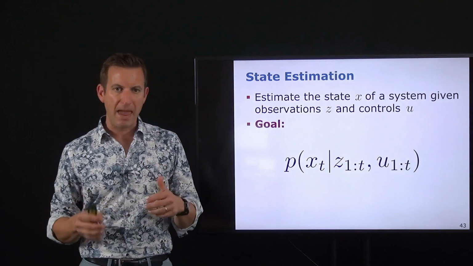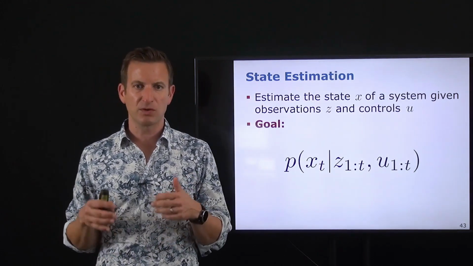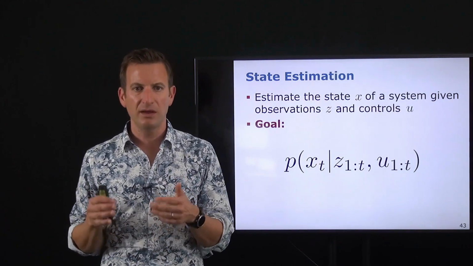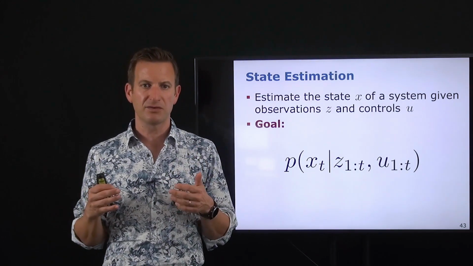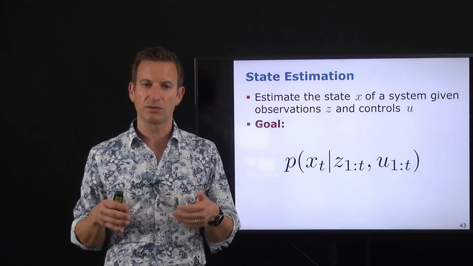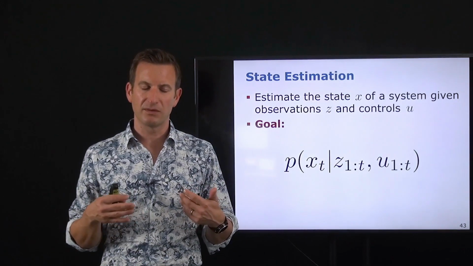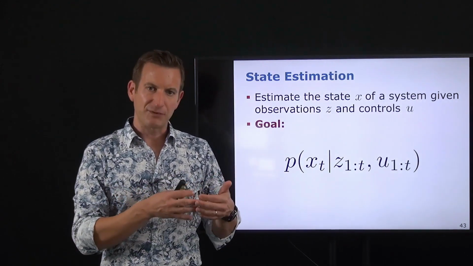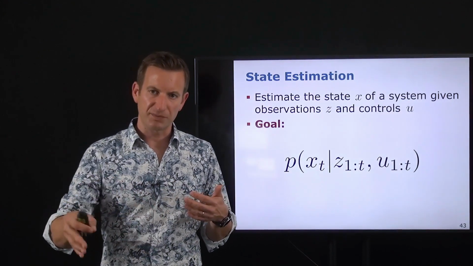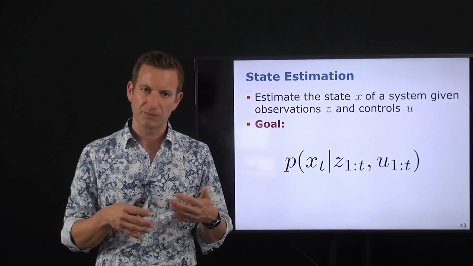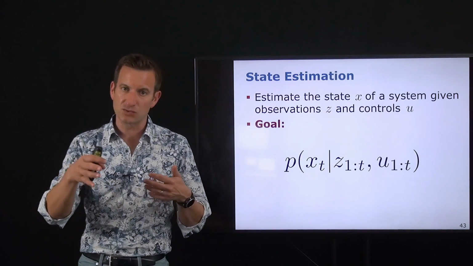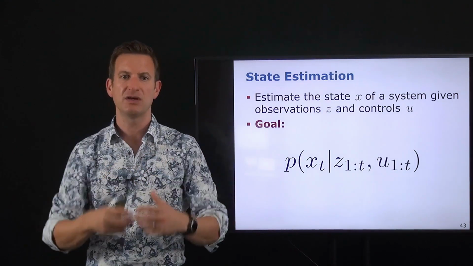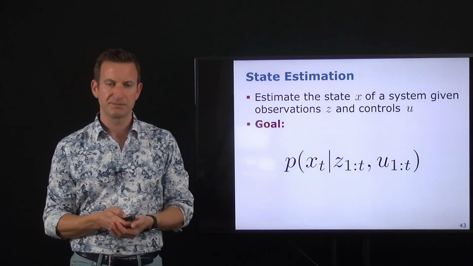So that I can base my state estimation about the state of the system at time t on the belief I had about the system at time t-1. And of course, the estimate about the distribution up to t-1 then also only uses the observations and controls up to t-1. And then I get a new observation, get a new control, and I advance the belief that I had to the belief at the next point in time.